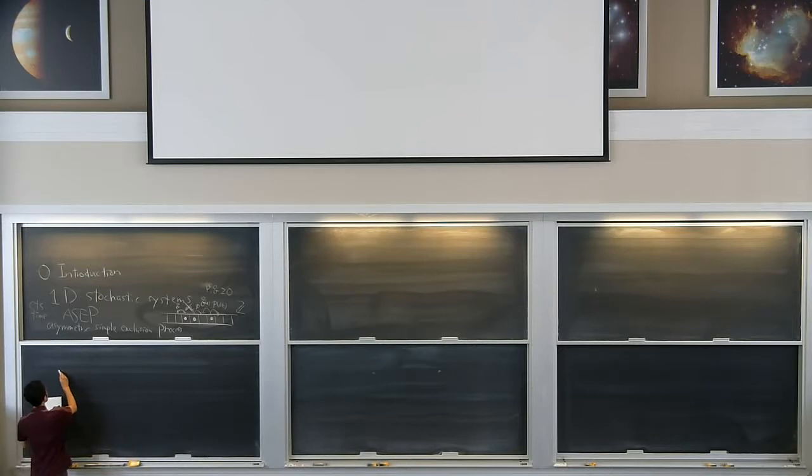Some special cases are also important. One special case is when p is equal to q. In this case, the random walk is symmetric. This is just a special case, but the behavior of the system becomes very, very different depending on whether they are different or the same.